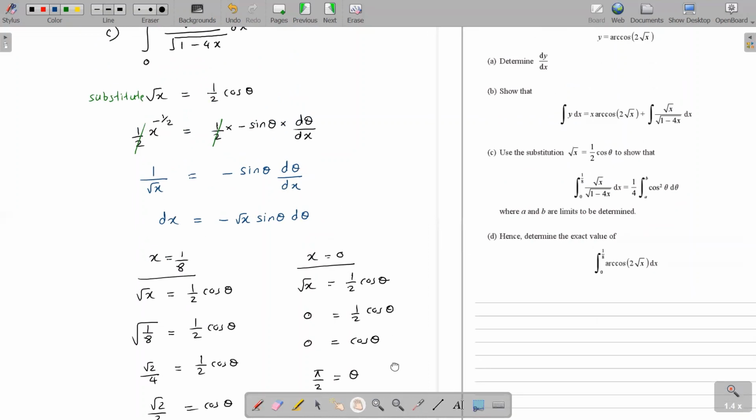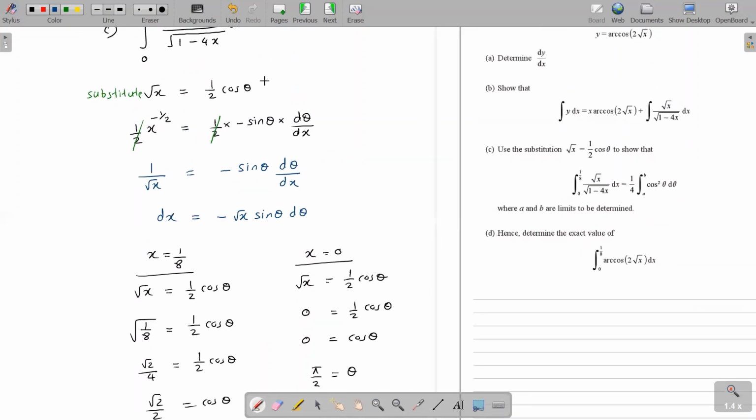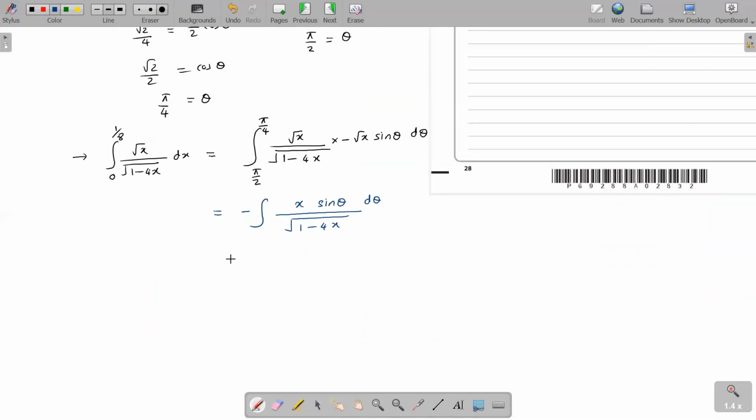Okay, now it's time to replace the x. So what do we know? We have the substitution root x is half cos theta. So if root x is half cos theta, then x, you have to square both sides, so it's 1 over 4 cos square theta. Do you agree? So x is 1 over 4 cos square theta. Let's replace. Minus, x is 1 over 4 times cos square theta, into sine theta.